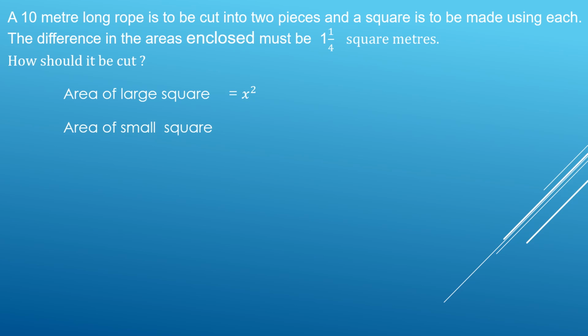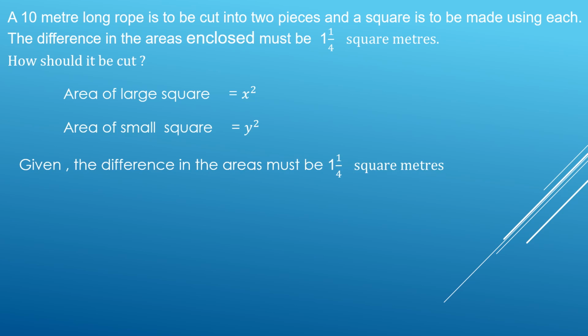So what about the area of small square? Correct. It's y square. So how will you represent the statement, the difference in the areas enclosed must be 1 by 4 square meters? Tell me. x square minus y square equal to 1 by 4, isn't it?